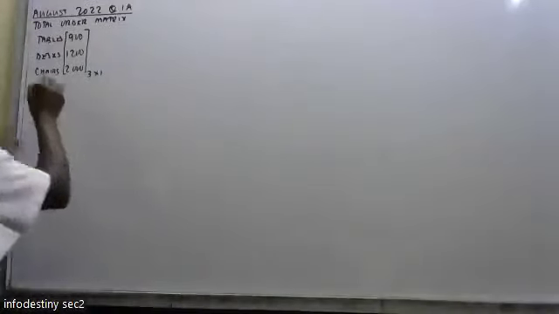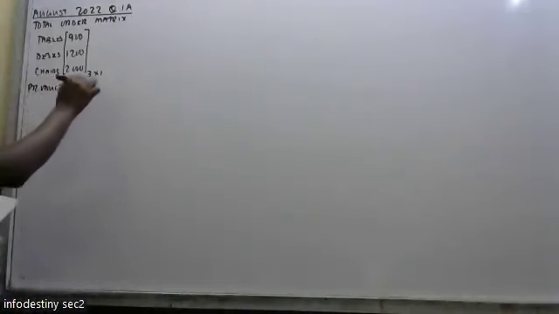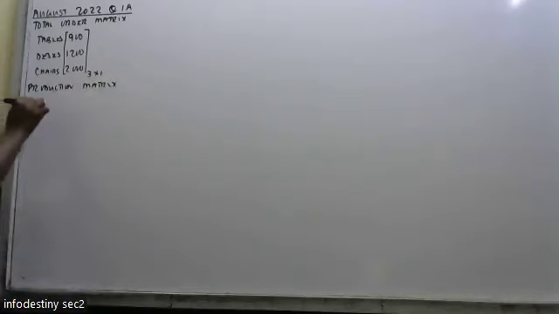Then we can have what I would call the production matrix. Now the production matrix, again, we have tables, desks, and chairs.